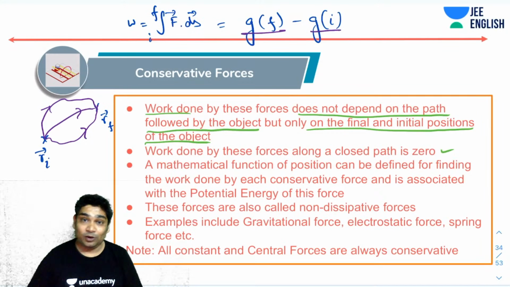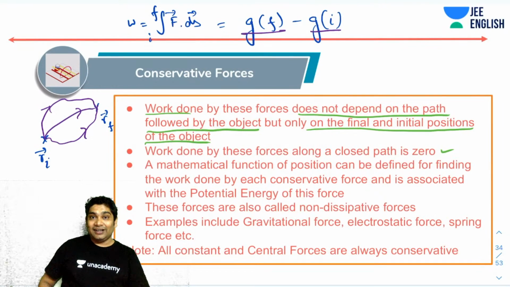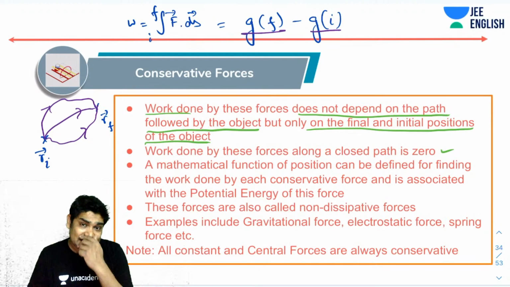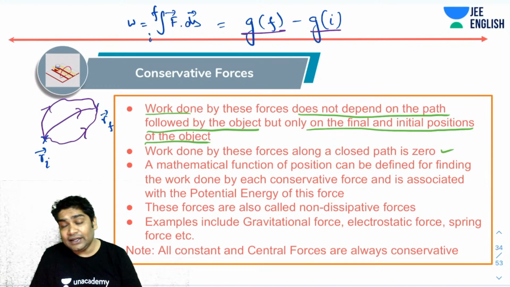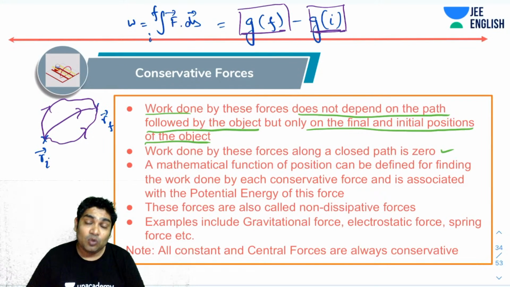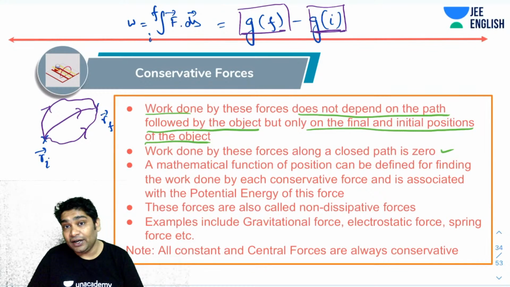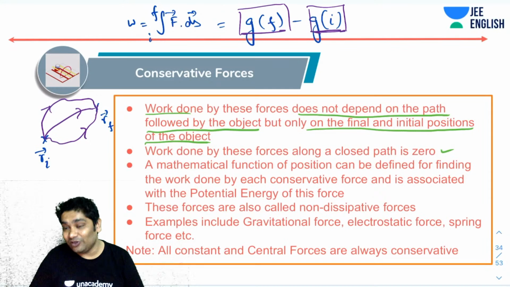If every time you do this integration you get a result which depends only on the initial and final positions, there has to be a function of those positions, and it is constant irrespective of the path you took. This is what you call the potential energy function, in fact.